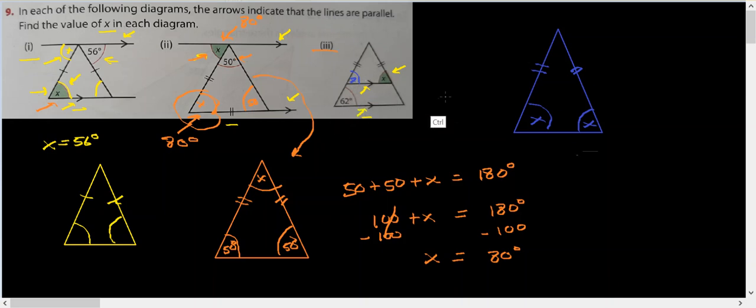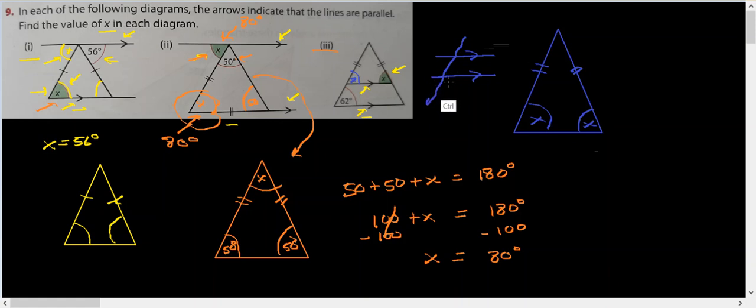Now if we have a look here, we have two parallel lines running like this, and then we have a line that crosses both of them, like so.